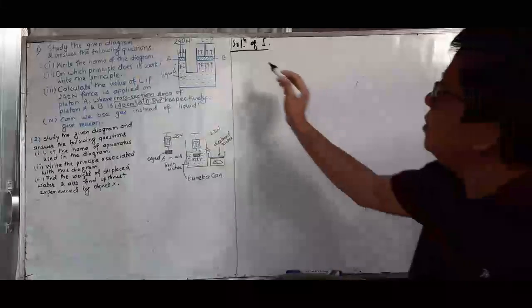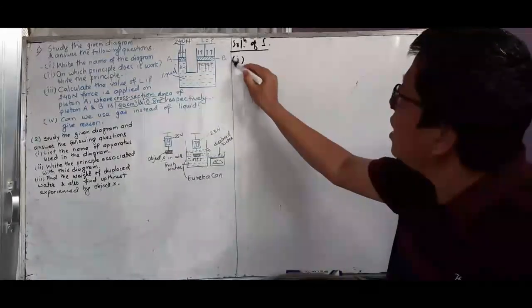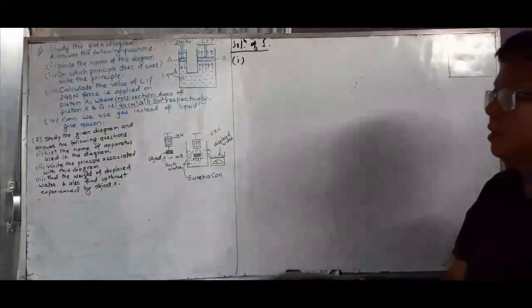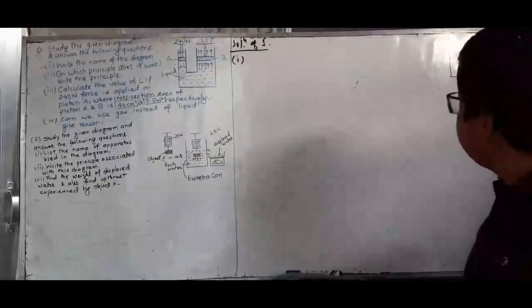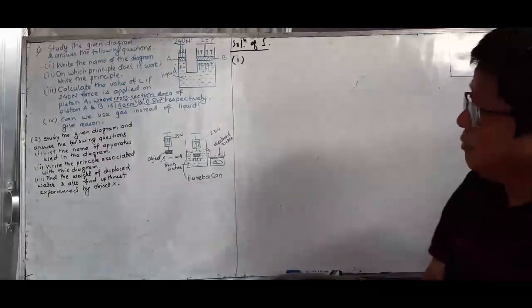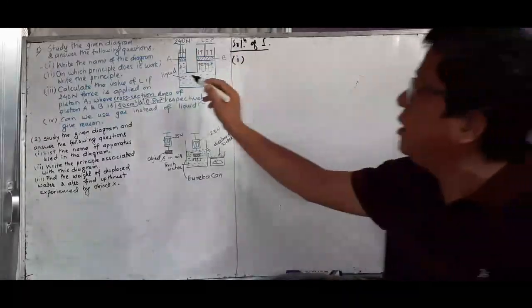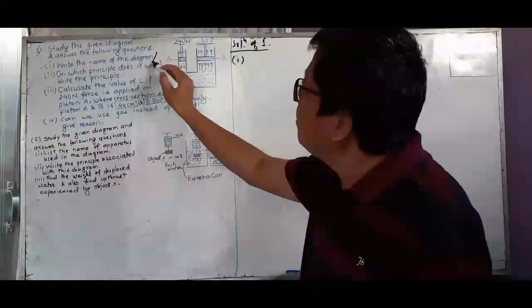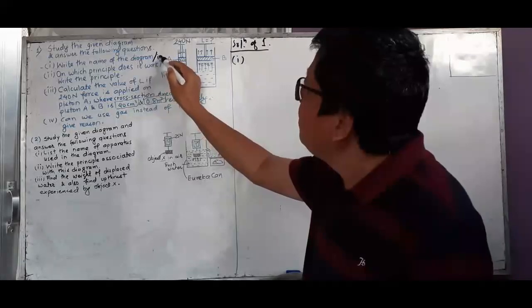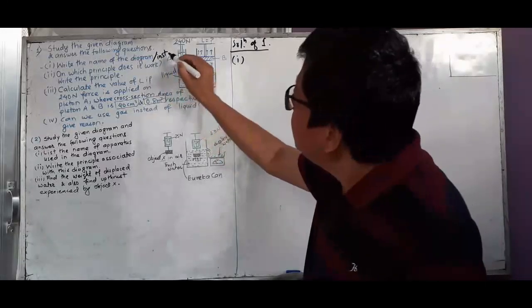So we start from the sub questions I. First sub question, write the name of diagram. That means the name of instrument. Okay, instead of diagram, it may be instrument.